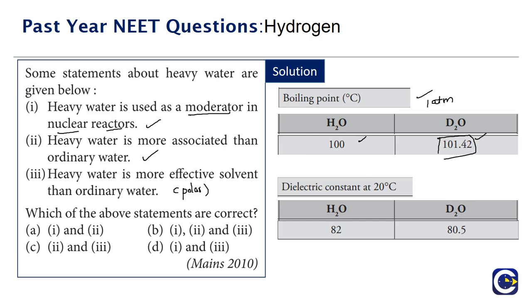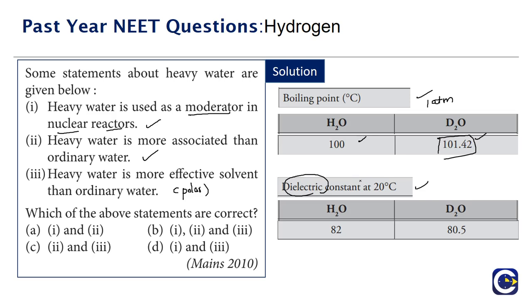Now coming to the third one, heavy water is more effective solvent than ordinary water. How polar a solvent is, is decided by the dielectric constant. In physics, you will be able to understand the exact meaning of this dielectric constant. From a chemistry perspective, the more polar a solvent is, the higher the dielectric constant of the solvent.